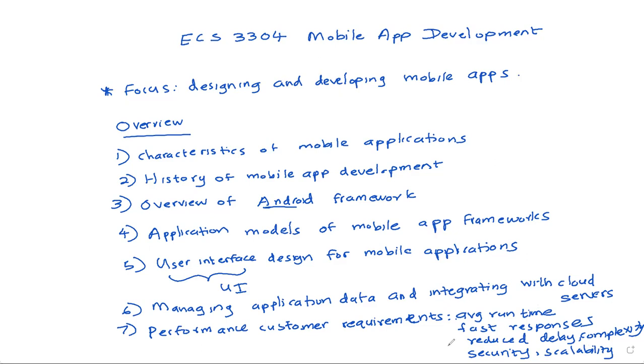We need reduced delay, and we need less complex mobile applications that can run really smoothly with fewer resources. And then we also require high security for our data in the application. And then we also need the scalability aspect of our mobile applications, such that our application can be integrated in different types of devices across the market, and then it can be easily used by those different device users.